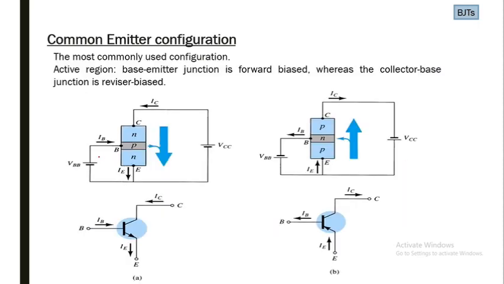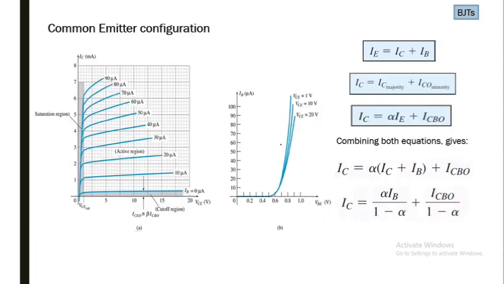In this case, you can see that IB is the input current and VBE will be the input voltage. And there are three curves. These are against different VCE, that is collector to emitter voltage.